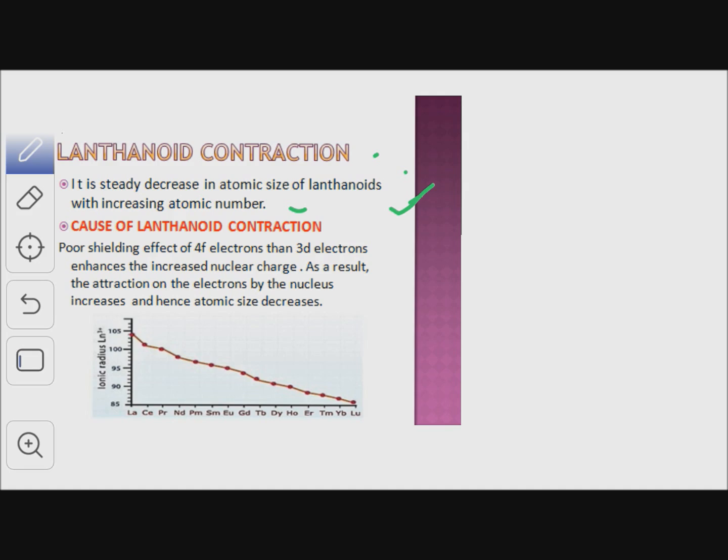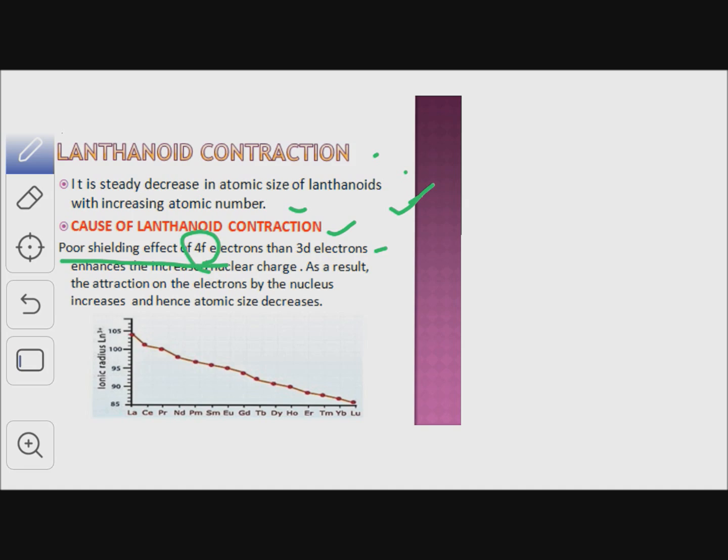The cause of lanthanoid contraction is the poor shielding effect of 4f electrons, which increases the effective nuclear charge.